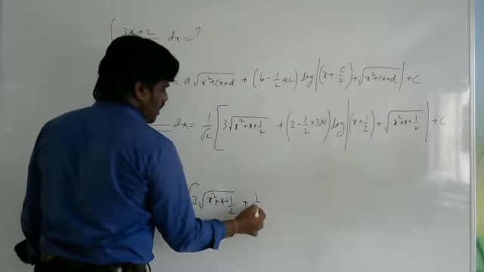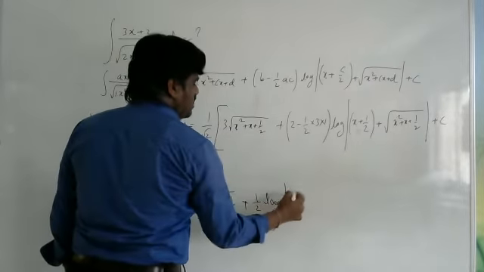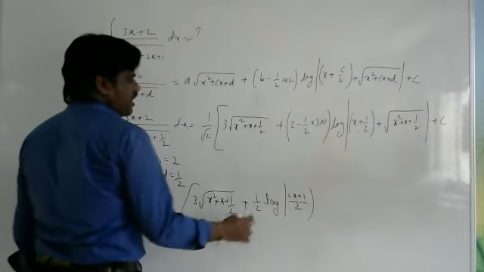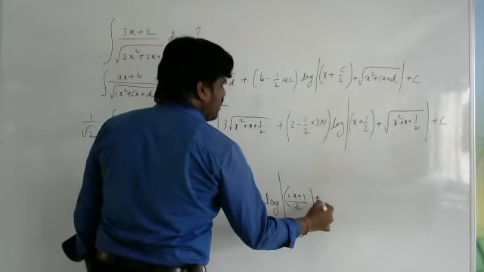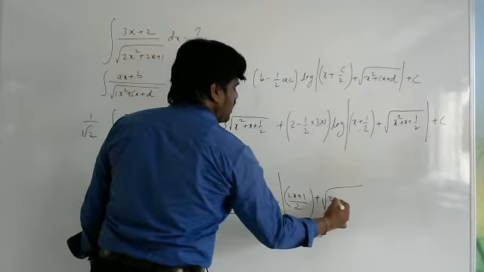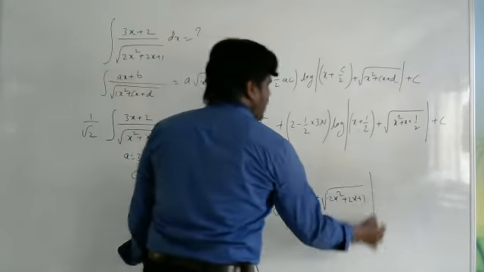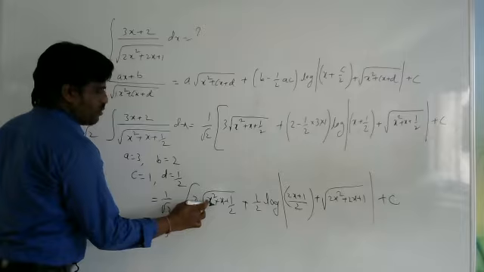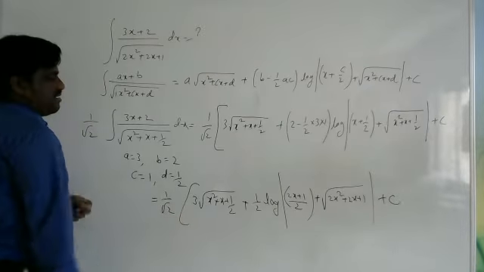So 1 by 2 log mod 2x plus 1 by 2, plus, if I do LCM here, I can get 2x square plus 2x plus 1, plus c. So this is the final answer.